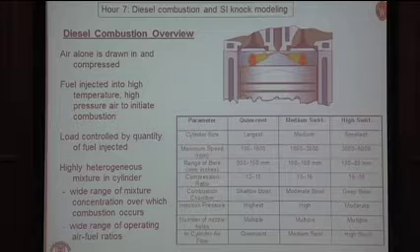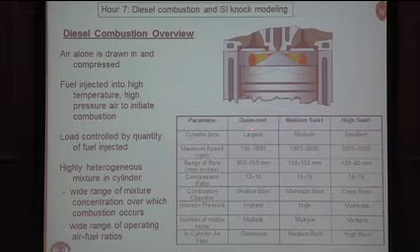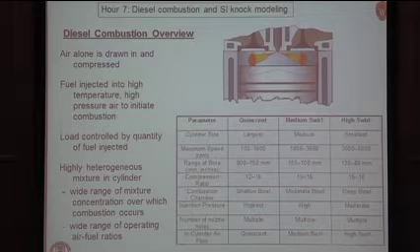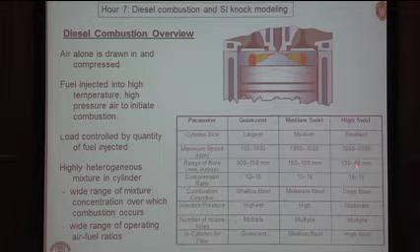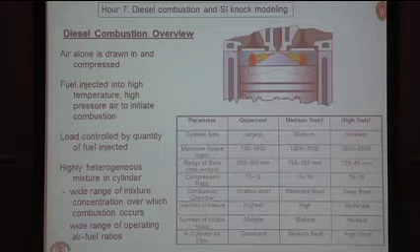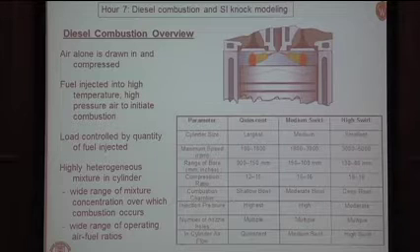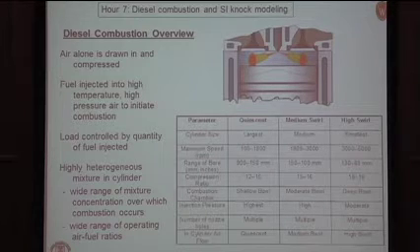This slide also points out that a typical design feature is that the large engines are what I call quiescent, in the sense that they have relatively low swirl induced by the intake system, whereas for light-duty engines, you typically have high swirl, especially for starting the engine, to try to get the fuel and the air to mix.